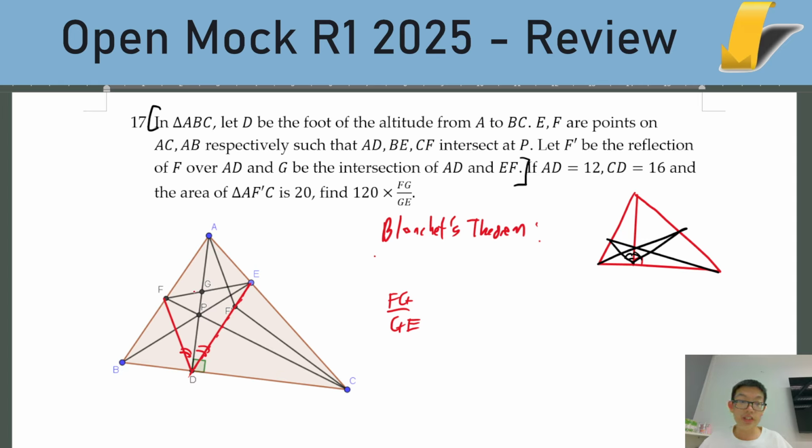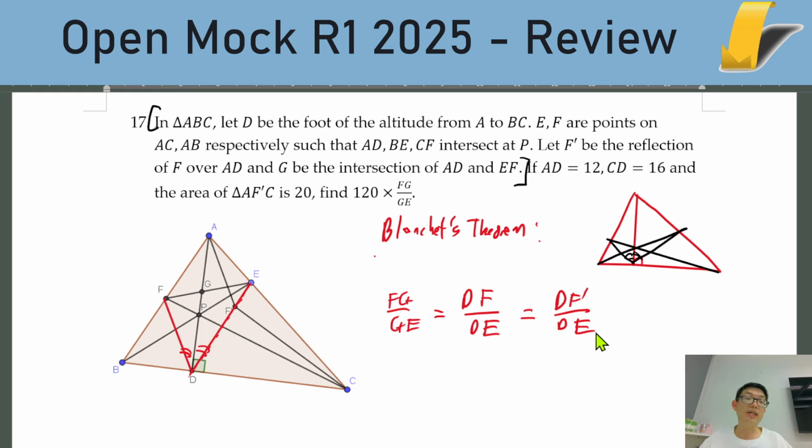Now you see FG over GE, you're like, oh great, that is actually going to be possible to shift to here. And this can be reflected over to DF prime over DE.